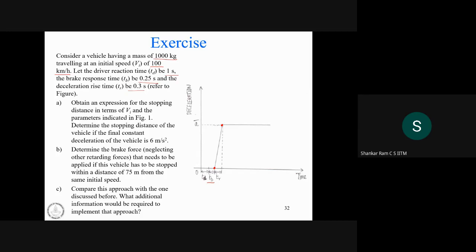Then the first subproblem is the following. I want you to derive an expression for the stopping distance in terms of VI and the parameters indicated in figure 1. So what do I mean? Using basic kinematics, you need to derive an equation for stopping distance that relates VI, A bar, TD, TB, TR.